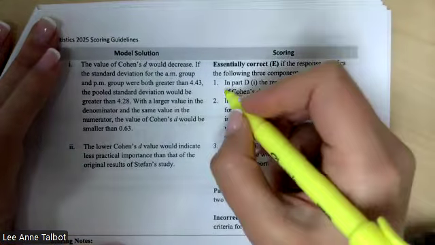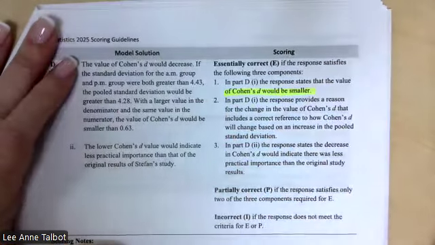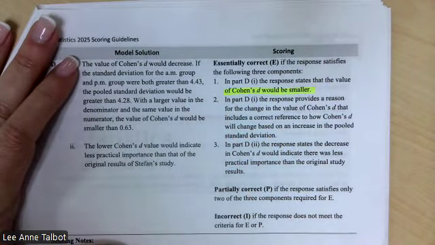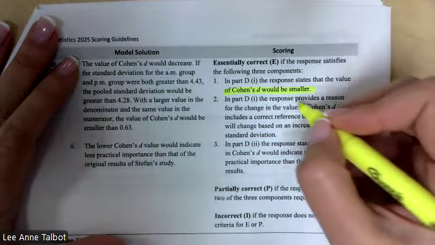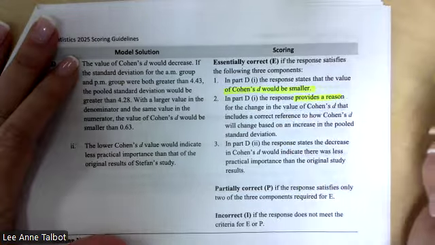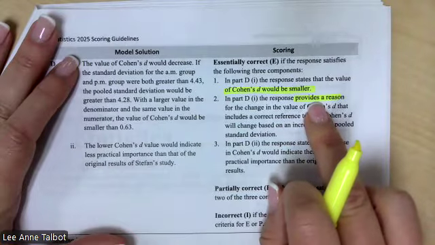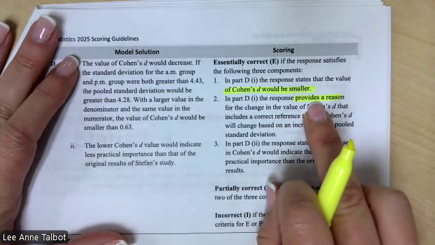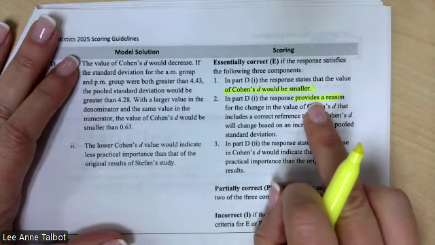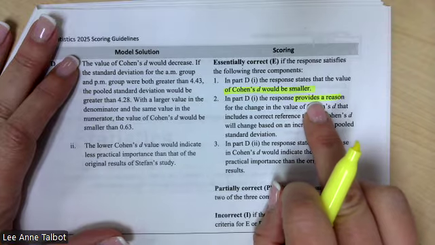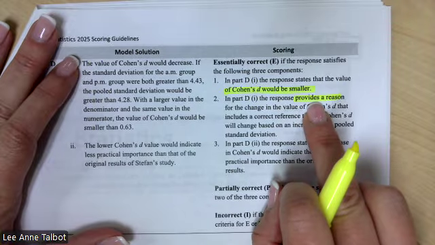Okay, Cohen's D would be smaller. Provide a reason. The reason I'm hoping you provide is that the standard deviations are in the denominator. Something about numbers in the denominator getting bigger, which means the value gets smaller. That's what I was hoping for.